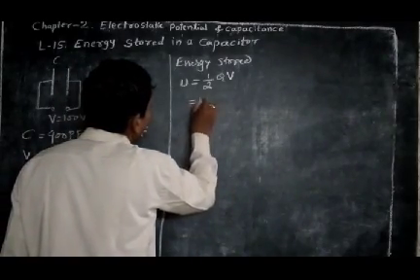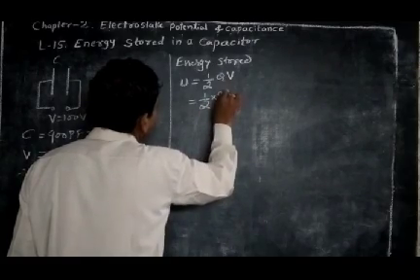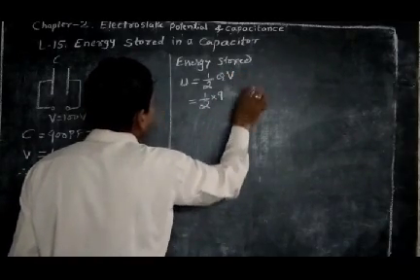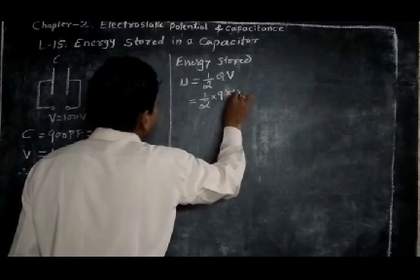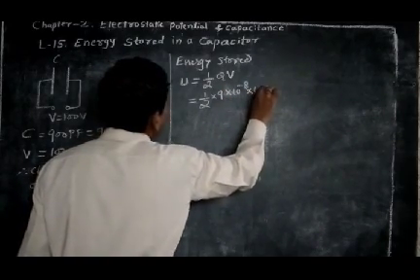That is equal to 1 by 2 into 9 into 10 raised to minus 8 into 100 volt.